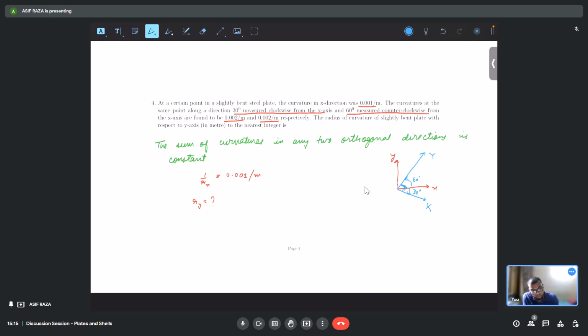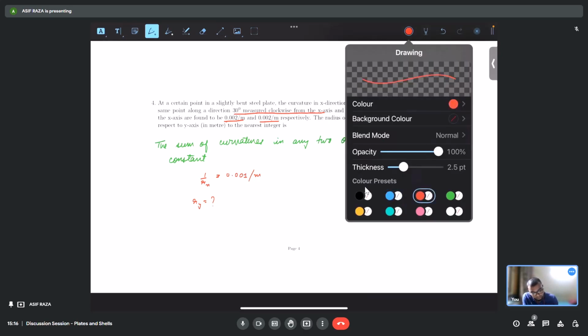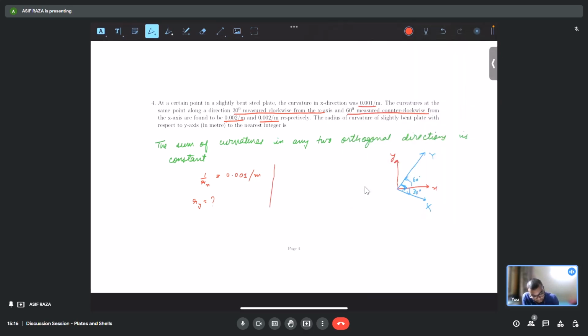So let us write, we are given 1 upon capital Rx as 0.002 per meter and capital Ry as also 0.002 per meter.